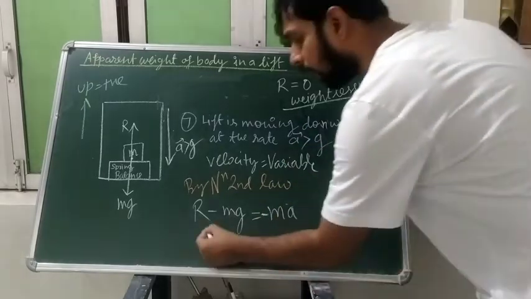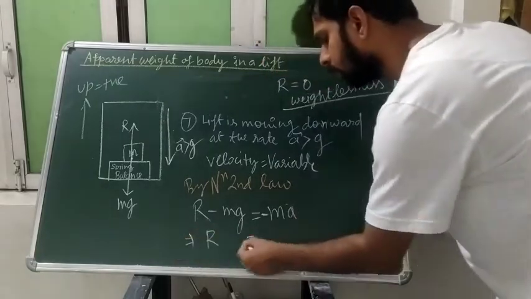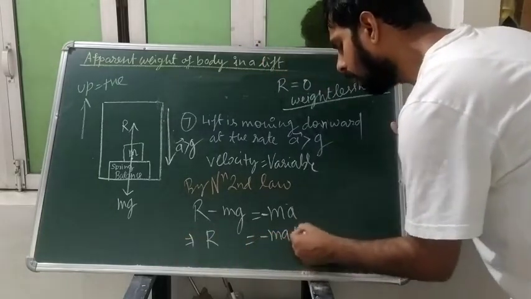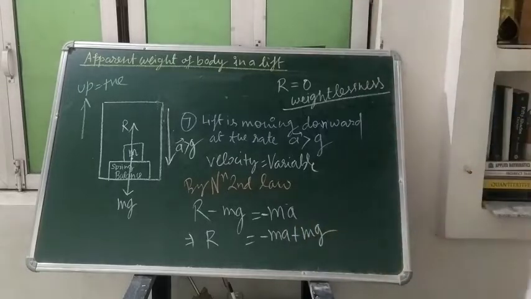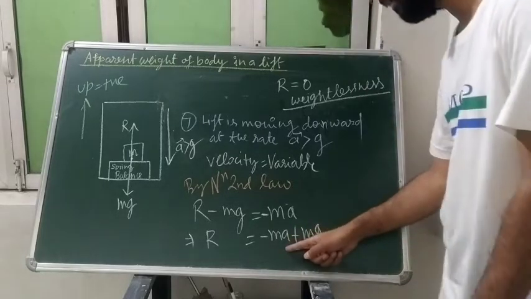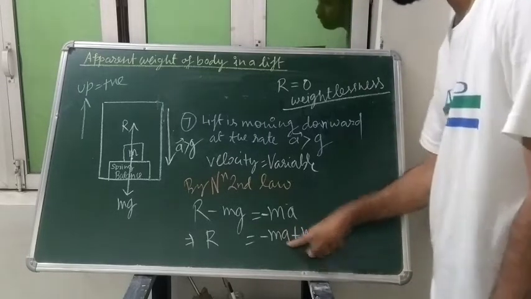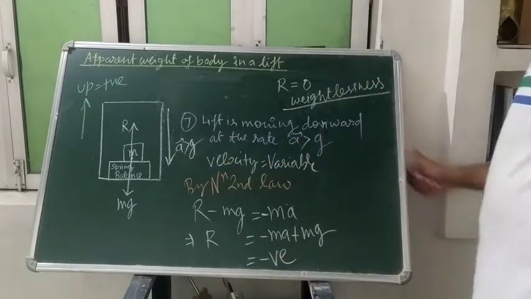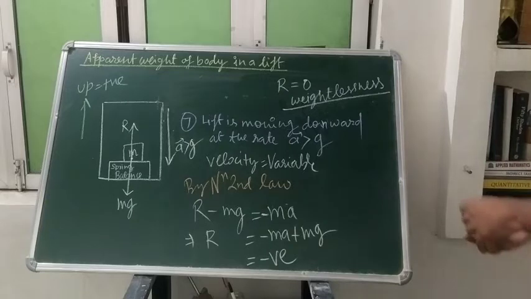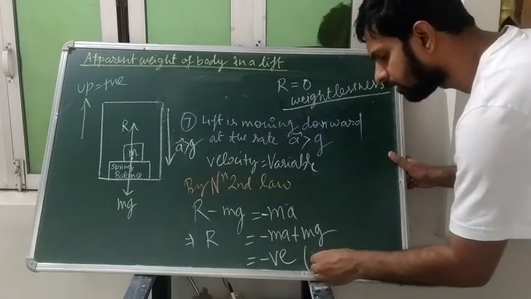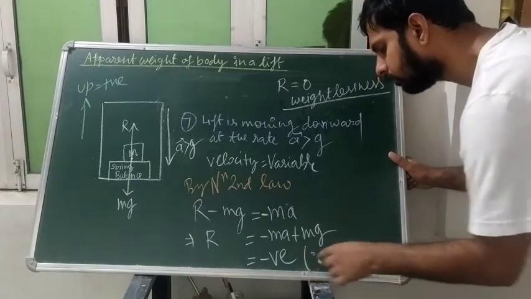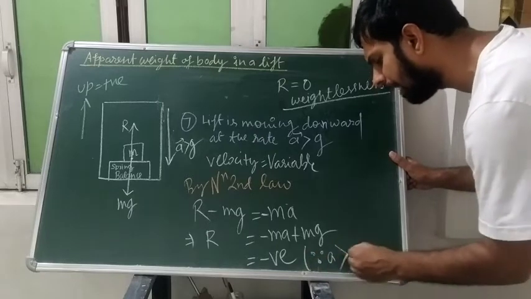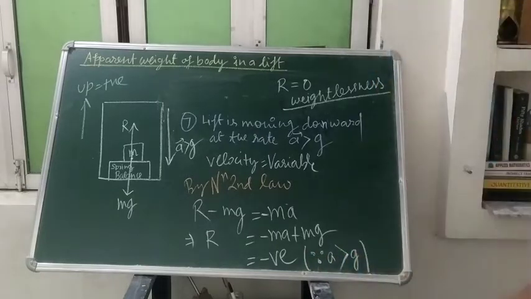So R will be minus ma plus mg. And since a is more than g, you will get negative reaction in this case.